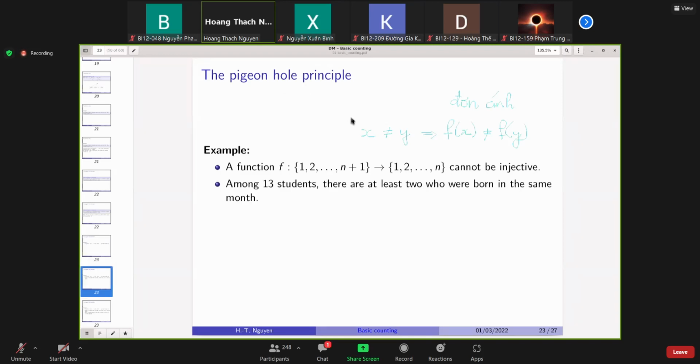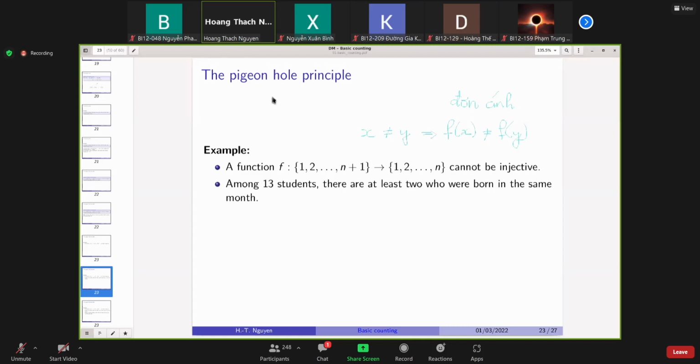So of course you can see a trivial example: if you have more than 12 people in a group, then at least 2 of them should have the same month of birth. So this is a much more general example. You cannot apply the pigeonhole principle to the birthday paradox.